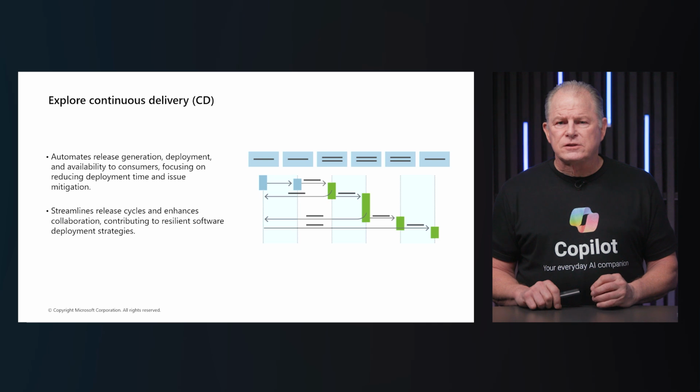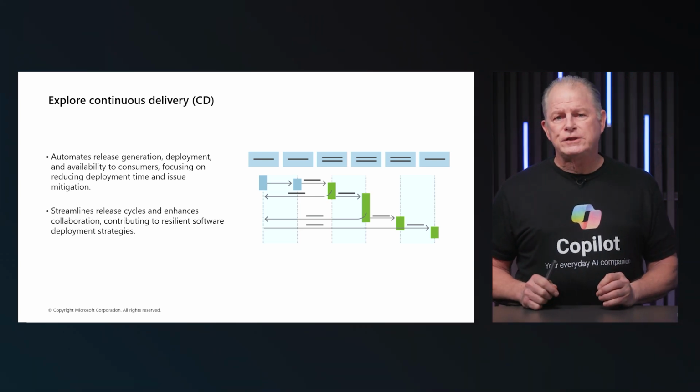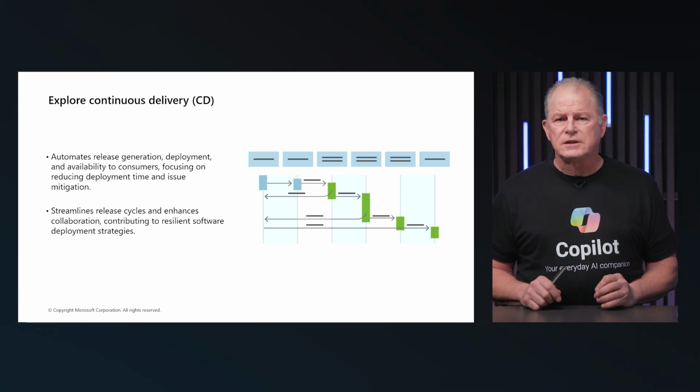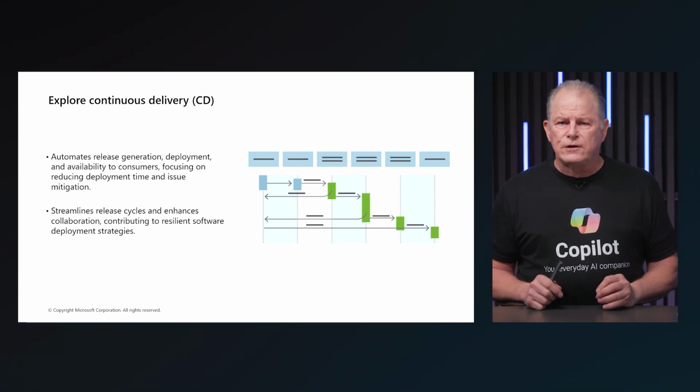This means that the software can be released at any time, but a human must approve the release. Continuous deployment goes one step further by automatically deploying every change that passes all stages of the production pipeline to customers. There is no human interaction, and only a failed test will prevent a new change from being deployed to production.